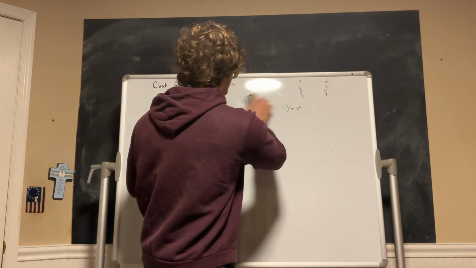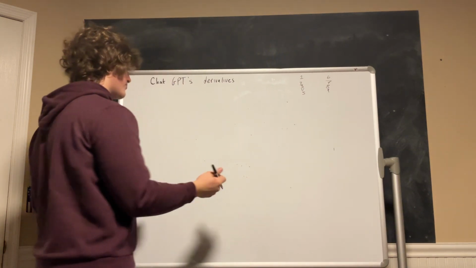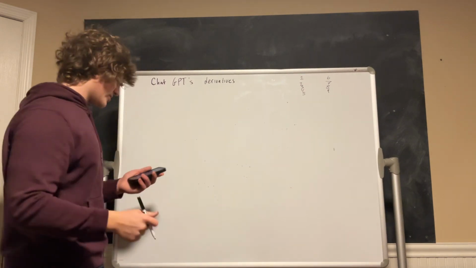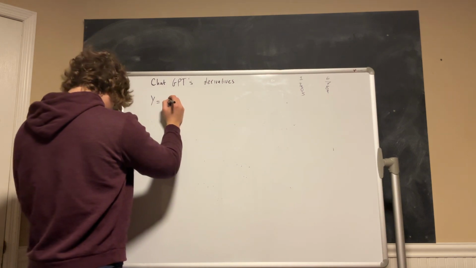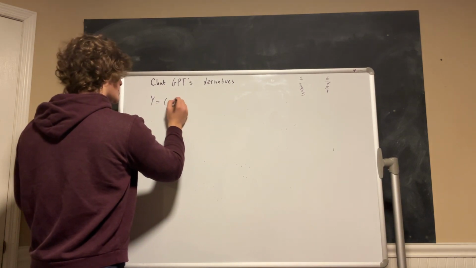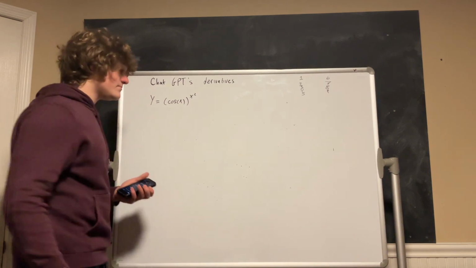So I'm just going to give this all a big erase, and let's take a look. Not perfectly clean, but that doesn't matter. So our final function is y is equal to cosine of x raised to the x squared.